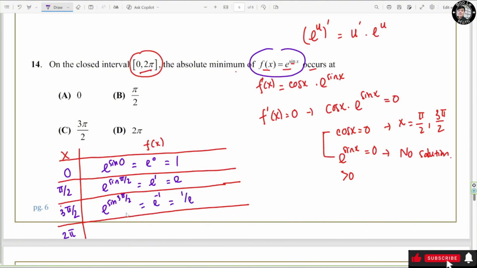And the last one, e to the sine of 2 pi, is e to the 0, which is 1. Now we need the absolute minimum, so the absolute minimum is 1 over e right here. So s equals 3 pi over 2. The answer must be C.